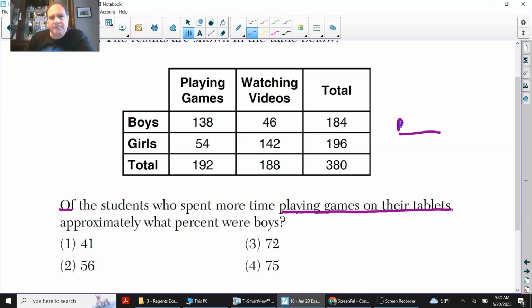So the bottom number of this fraction, the denominator, has to be the greater number. Of all students, 192, approximately what percent were boys? 138 out of that 192.